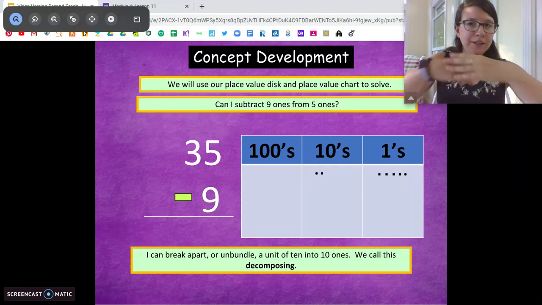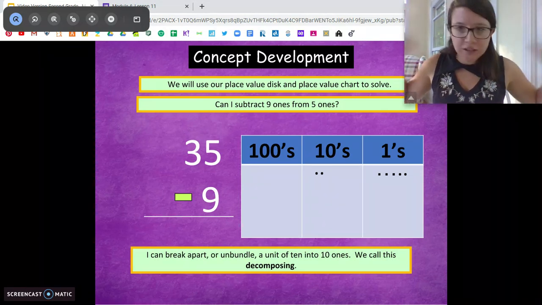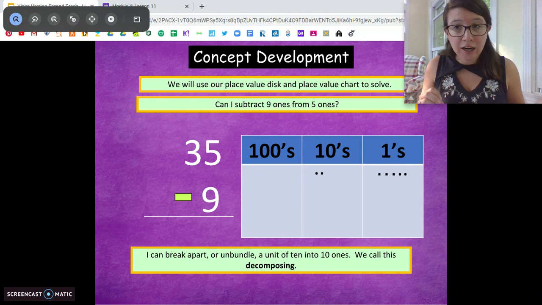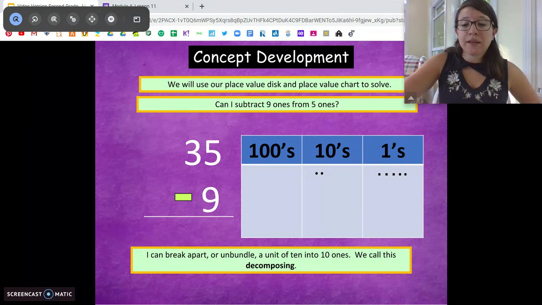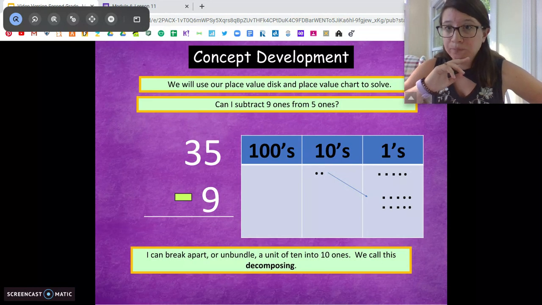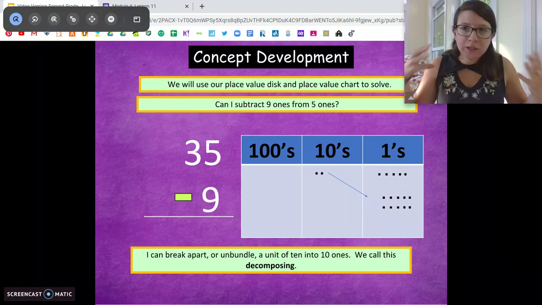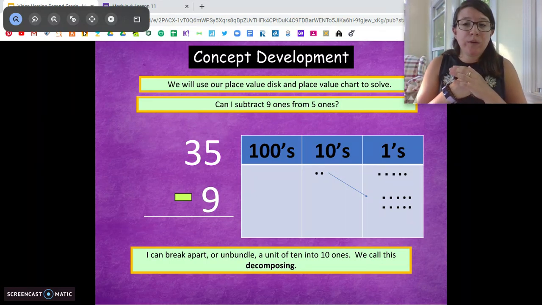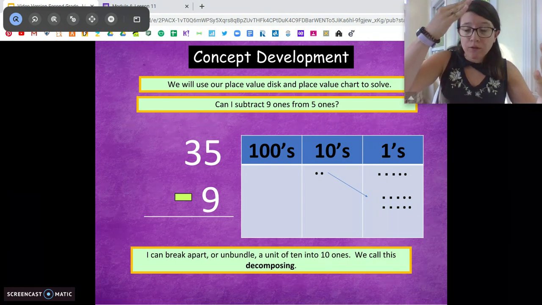So we're going to take one of our tens away. When we do that, it doesn't just poof, disappear. That 10 is still there. Instead of it being in the tens place, though, we're going to move it over and we're going to add 10 ones. A little bit tricky. You have to switch your mindset because with addition, we've been moving the 10 ones over, right?